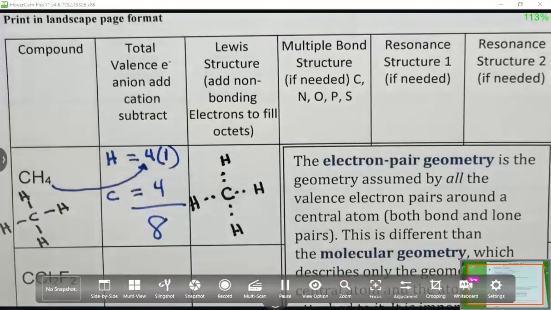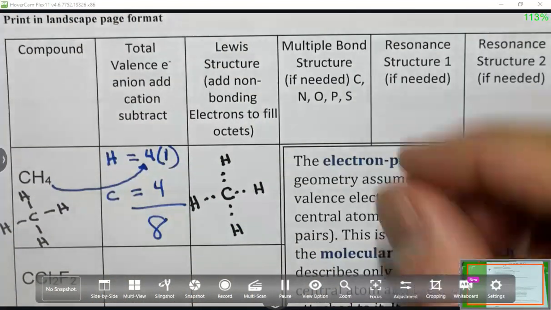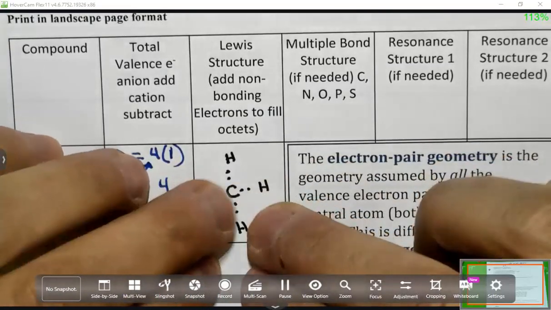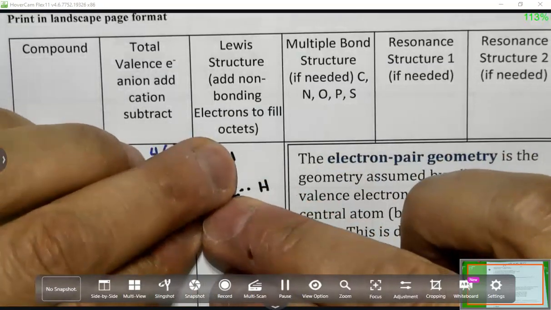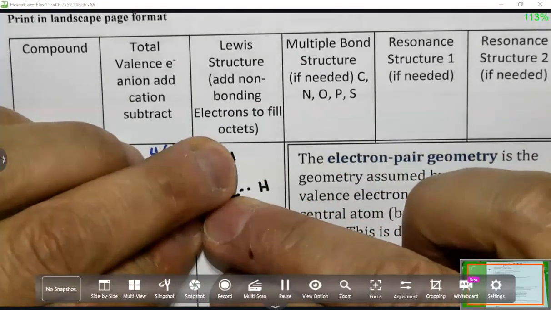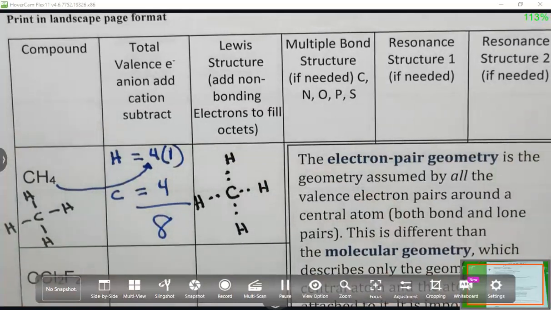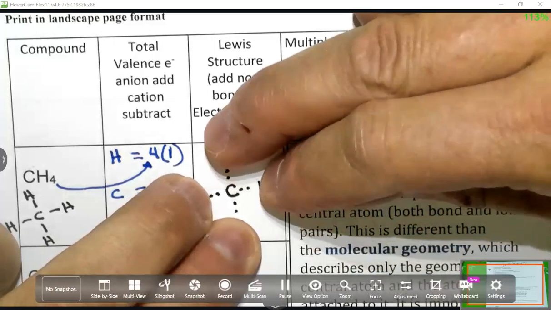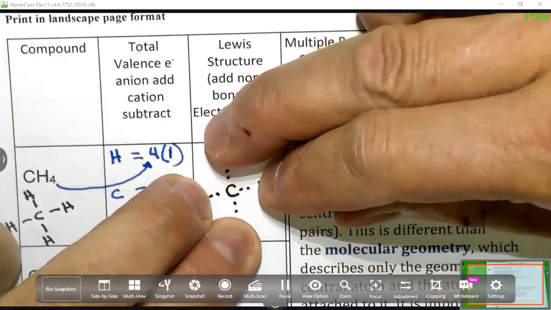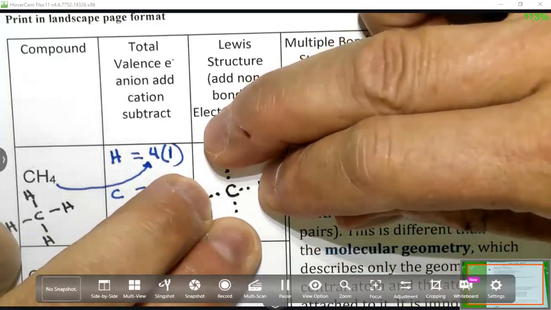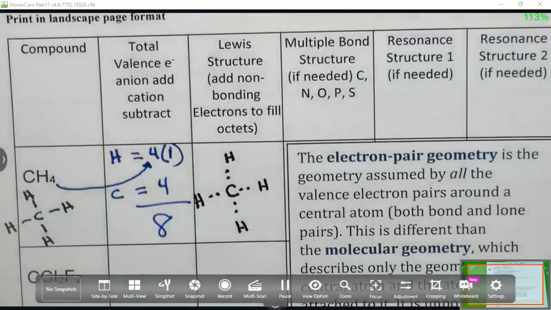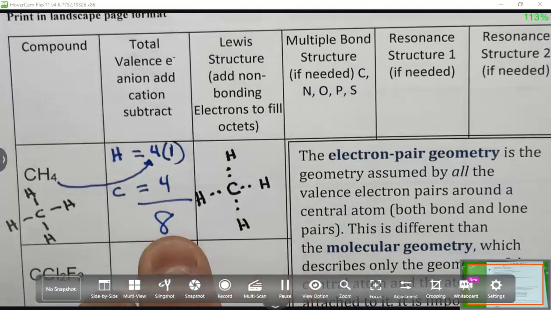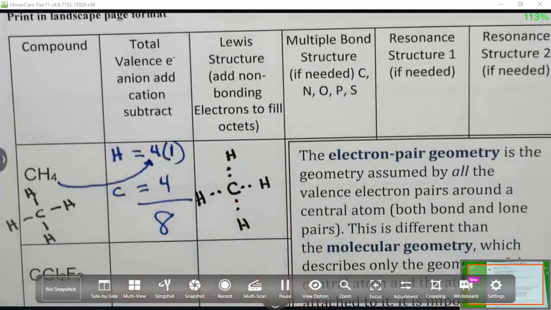So if we look at this, every hydrogen has 2 electrons, right? Between the carbon and the hydrogen. Every hydrogen is happy. How many electrons total for carbon? 8, right? Carbon's happy. I have 8 electron dots, 8 electrons. I'm allowed 8. That's it. I'm done.